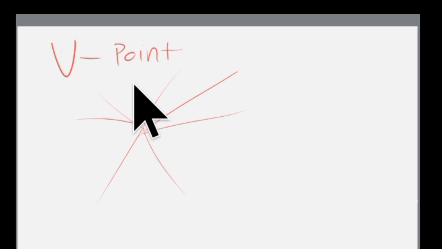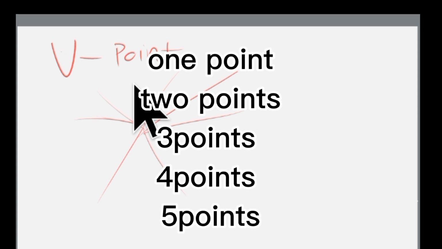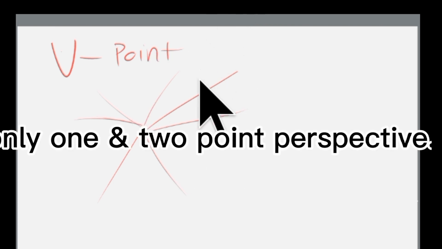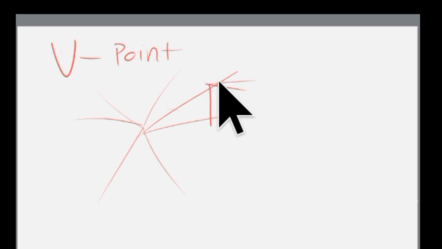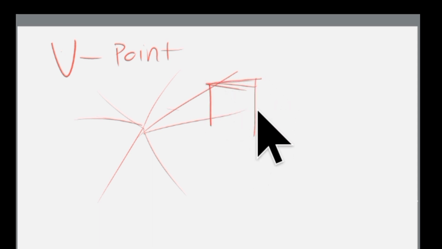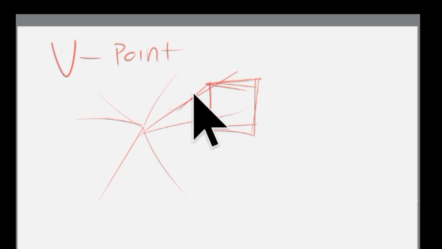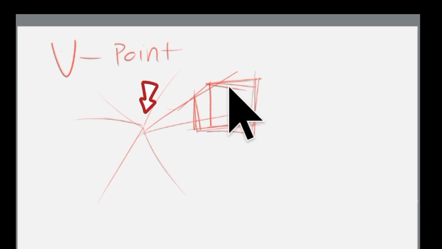There's 1 point perspective, 2 point, 3 point, 4 points, all the way to 5 points perspective. But for this class, we're only going to be discussing 1 and 2 point perspective. When discussing perspective, all the objects in the scene appear to go towards a particular point. That point is what we call our vanishing point.